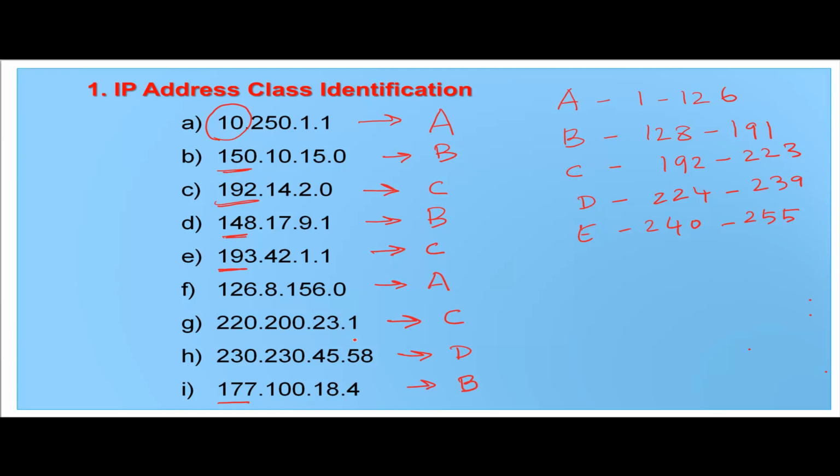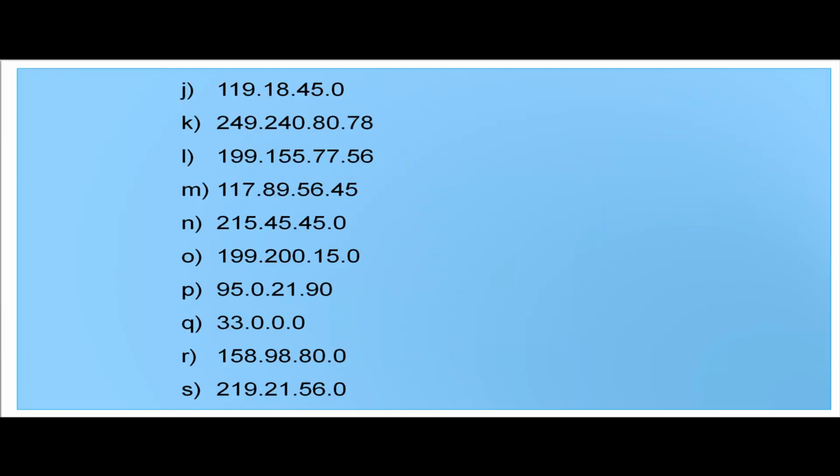Then we have many other examples also. Let us find the class for each IP address. So 119. This is a class A IP address.